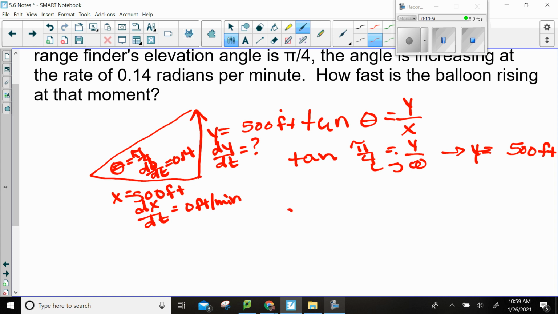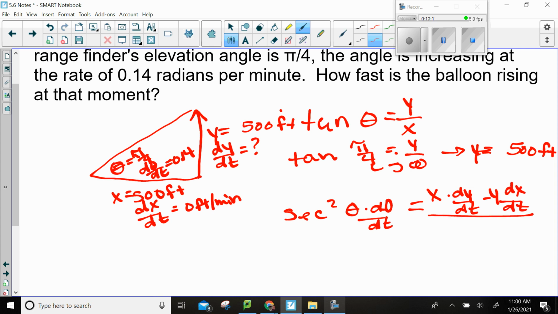So secant squared theta times d theta/dt equals low d high minus high d low, all over low squared.